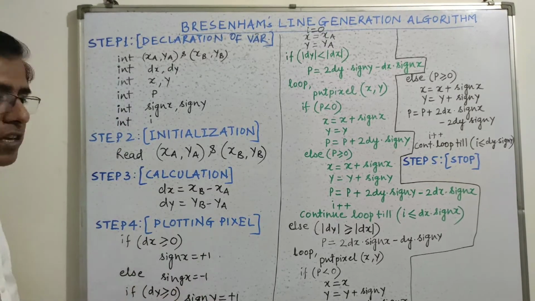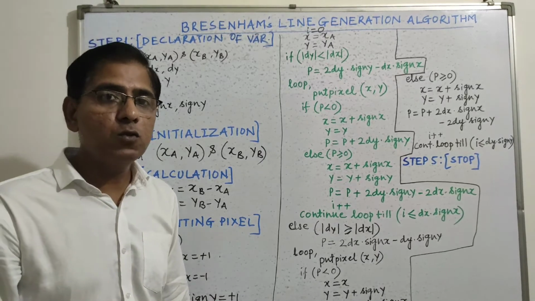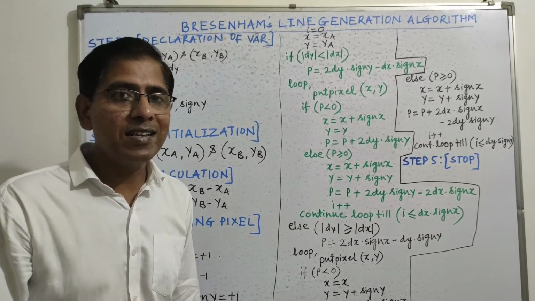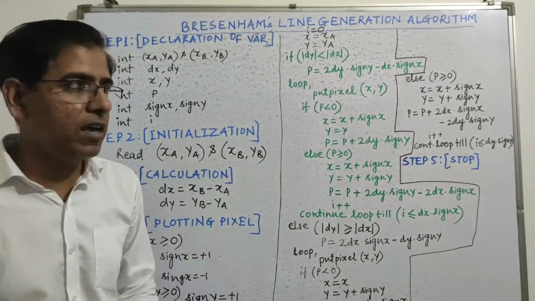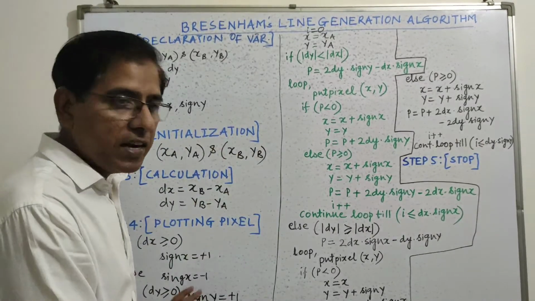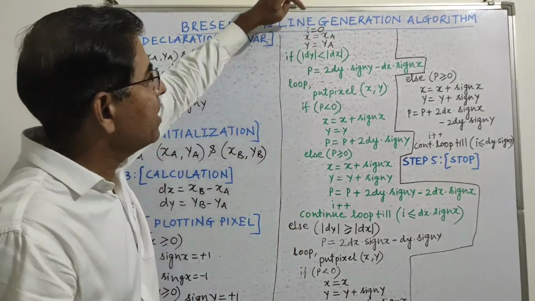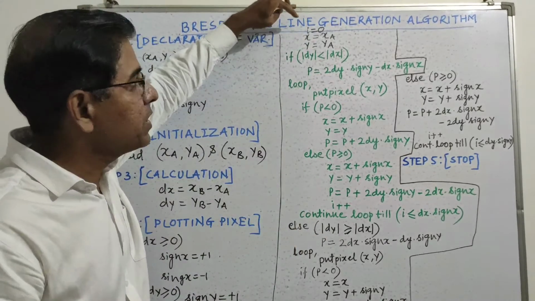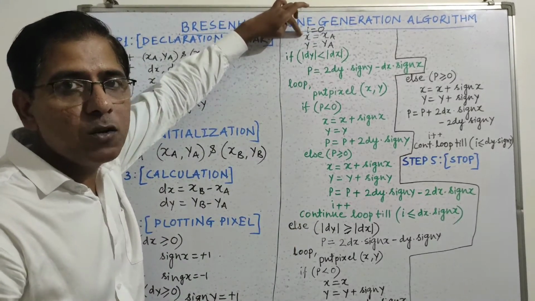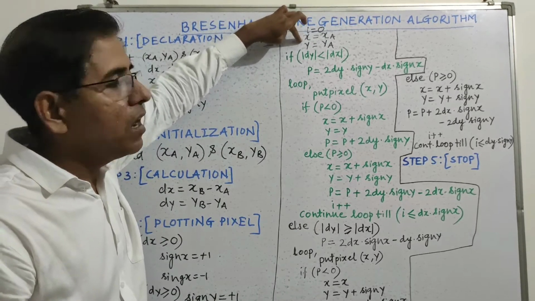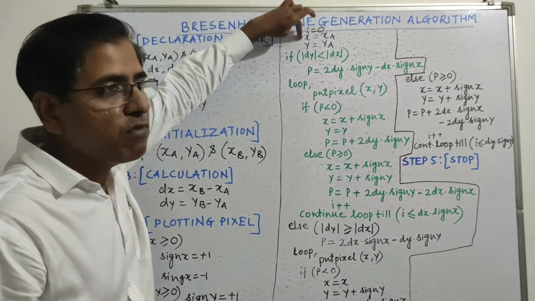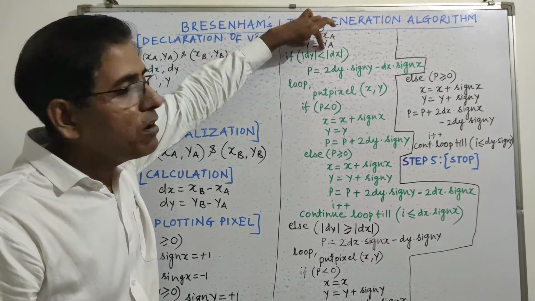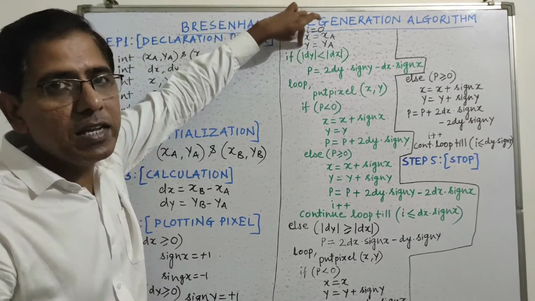So here we have assigned values to the sign changing variables sin x and sin y depending upon the sign of dx and dy. Once we are ready with the values of sin x and sin y, we start plotting pixels. We set the loop counter I equal to 0. We put the start point x coordinate in the x variable and the start point y coordinate in the y variable.